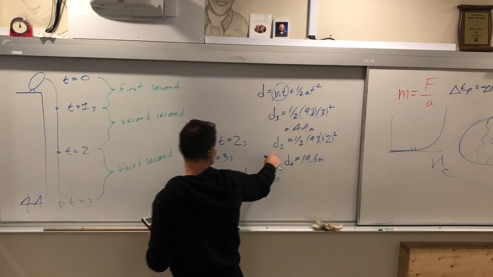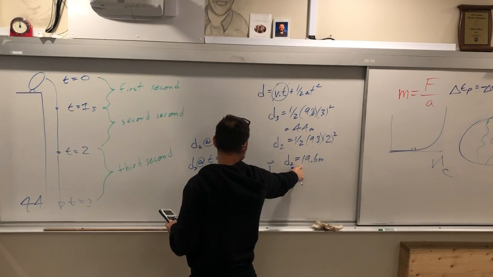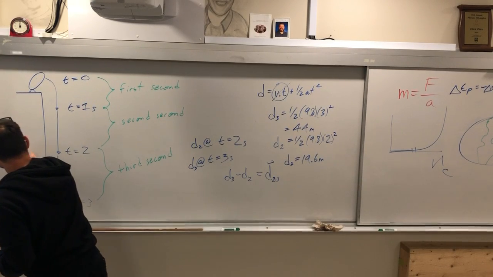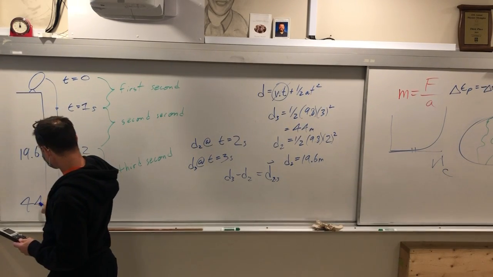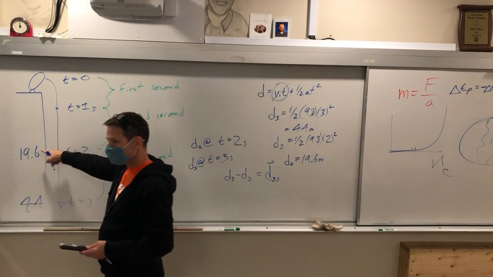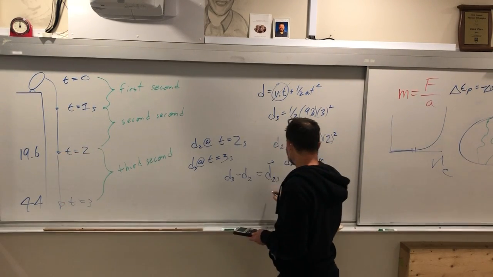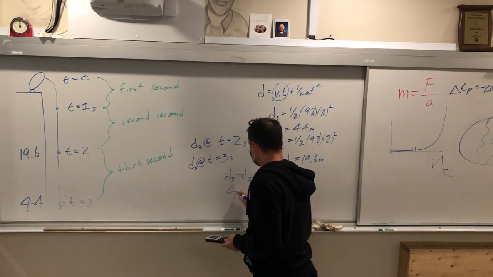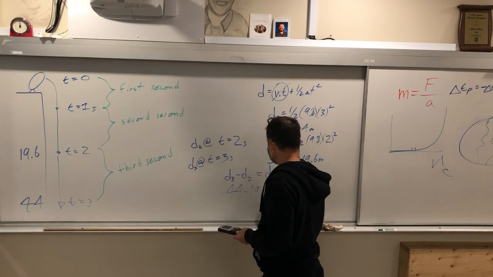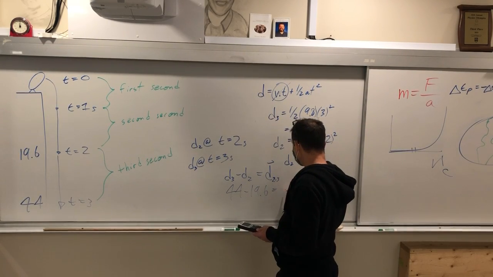And what we just calculated was d2, which is 19.6. So if we do 44 minus 19.6, that'll give us the distance traveled during that third second. So that's going to be 44 minus 19.6, which is 24.4, I think.